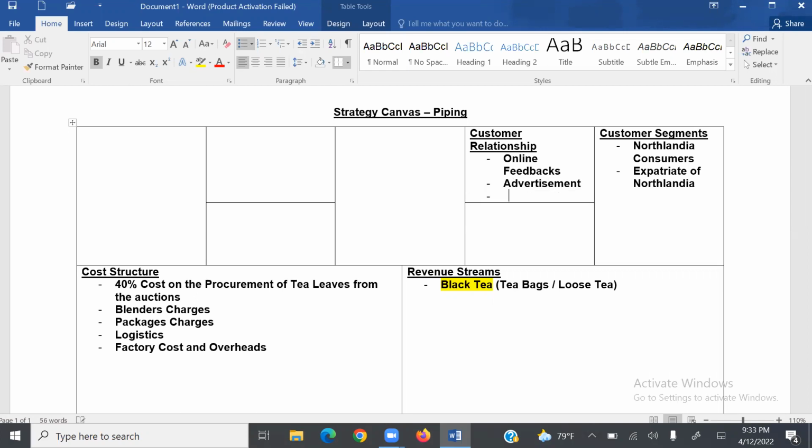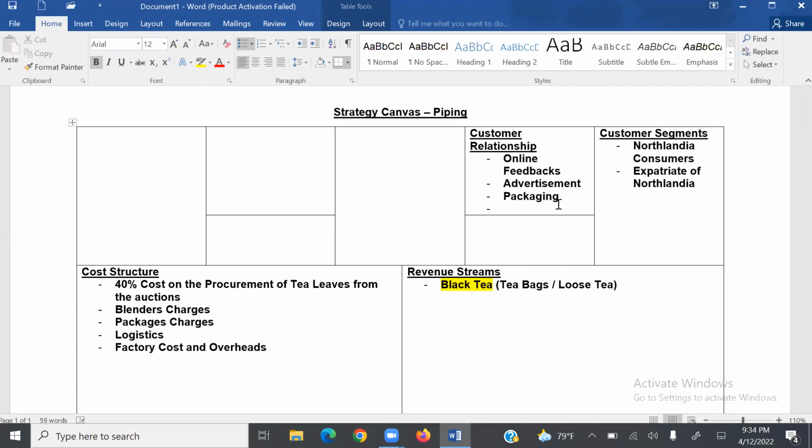What about the packaging? Packaging plays a major role, because they clearly mention they have a foiled package which can be sealed once again and will stay fresh as usual. So: online feedback, advertisement, packaging. These are the customer relationships they generally maintain at the moment.